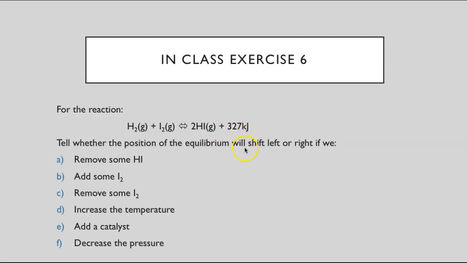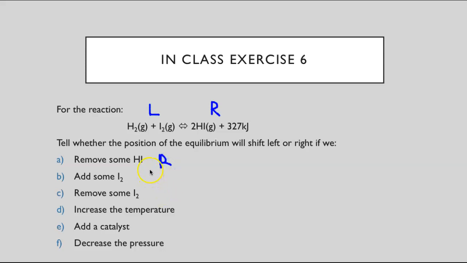This is an exothermic reaction. So again, this is the left-hand side of the equation, and this is the right-hand side of the equation. Right. So if we remove some HI, HI is on the right. If you remove something, it shifts toward that side. So it's going to shift to the right.